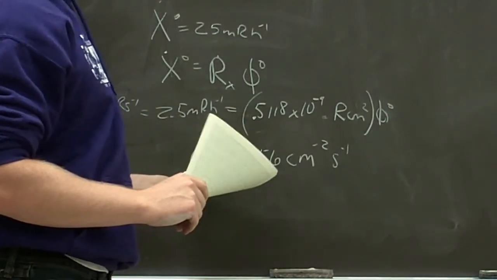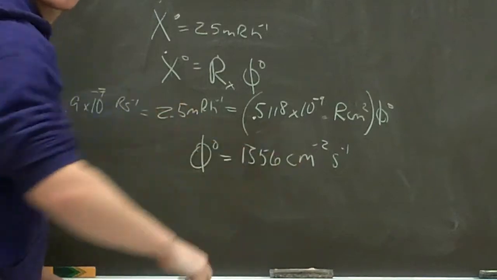So now we have this. This is our maximum flux, our constraint flux.